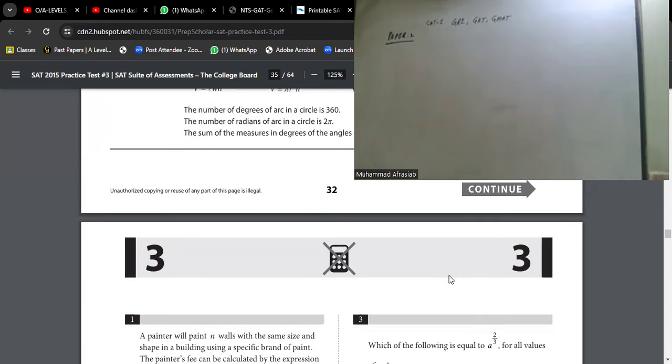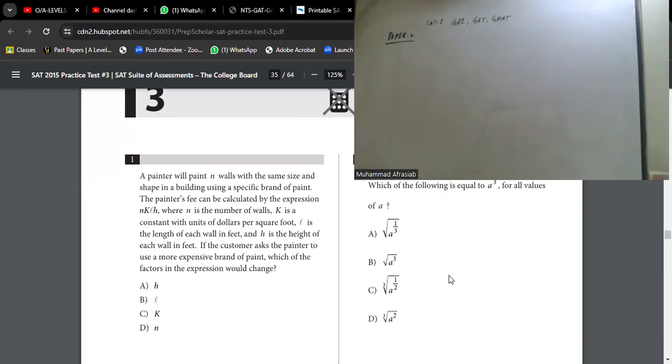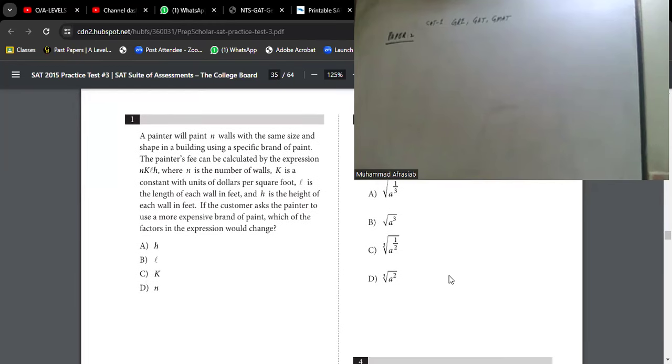And now we start our question 1. A painter will paint n walls in a building using a specific brand of paint.